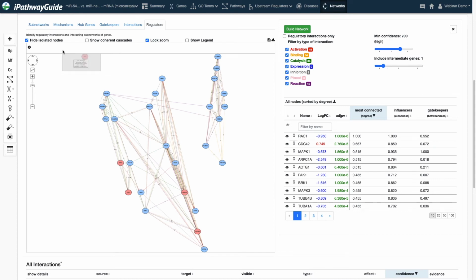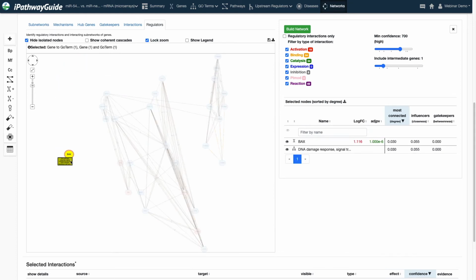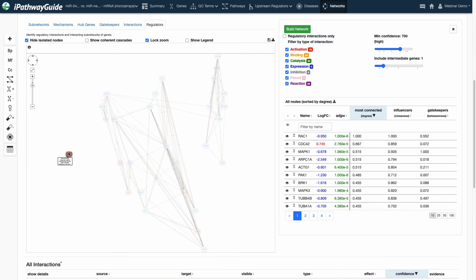Interestingly, this gene connected to this GO term stays by itself. So the answer is this really isn't connected. This pathway is regulating a different part of the story, but not this DNA damage response. This is how I interpret it.